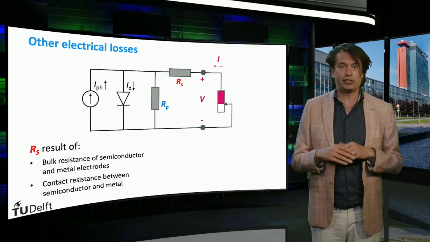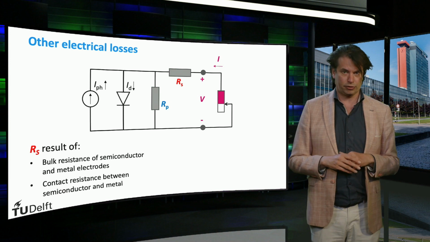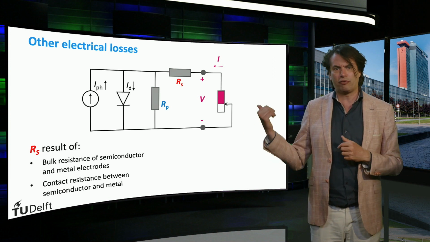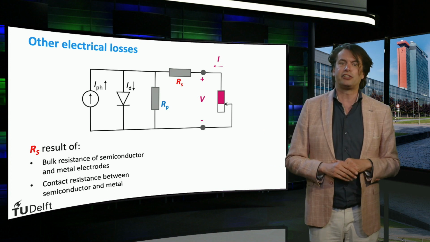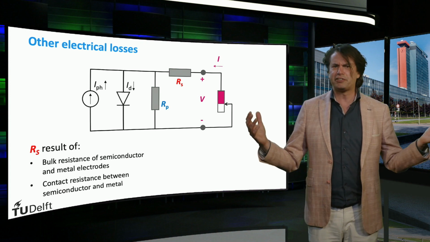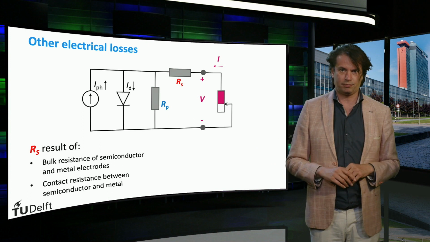The contact resistance between the semiconductor and the metal also influences the series resistance. As you can gather from the equivalent circuit diagram, increasing the series resistance decreases the maximum output power. The series resistance should therefore be as low as possible.